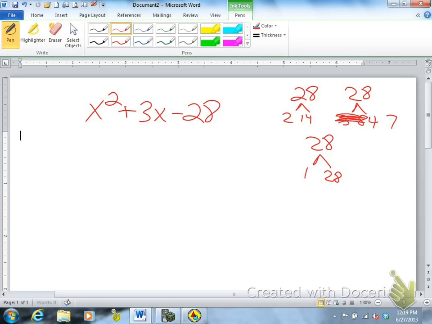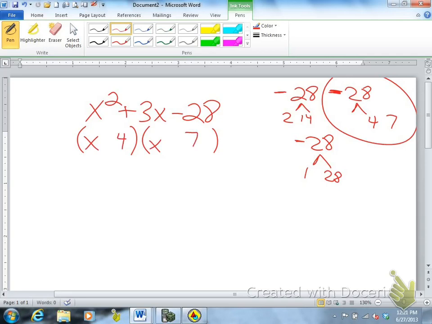So you're trying to think of something that when you add them, you'll get positive 3. Notice these 28s are all negative, so one of the two factors will be negative. When you factor, you would have an x and an x. If you use 4 and 7, one of them has to be negative to multiply to negative 28. So the 4 is going to be negative, the 7 is going to be positive. So that's how we factor.